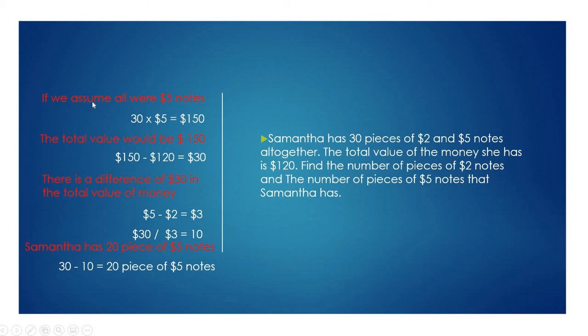First, we assume all the money that she has were $5 notes. If that is so, she would have 30 pieces of $5. So in total, she would have $150.